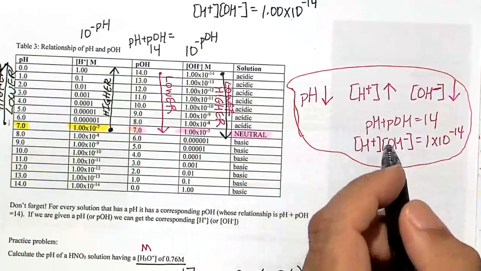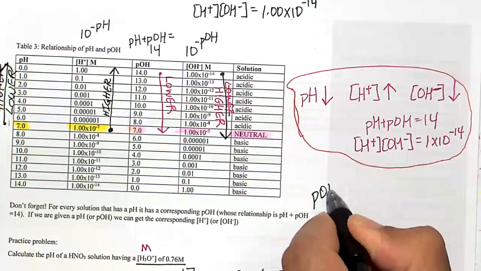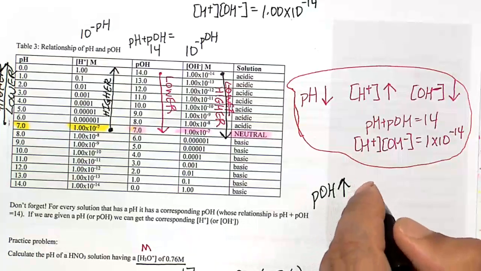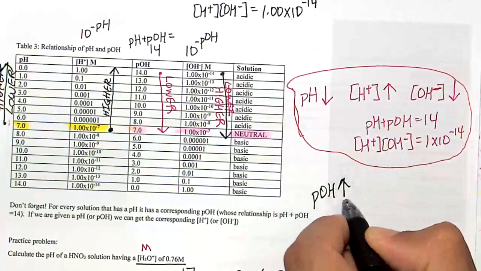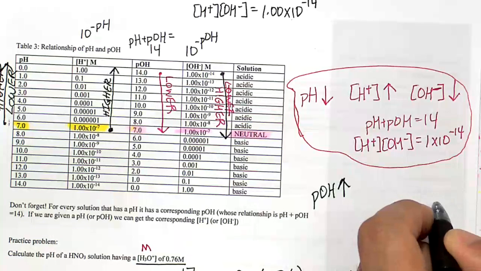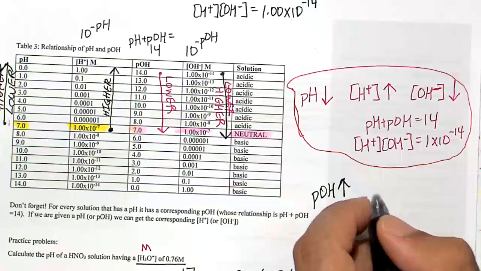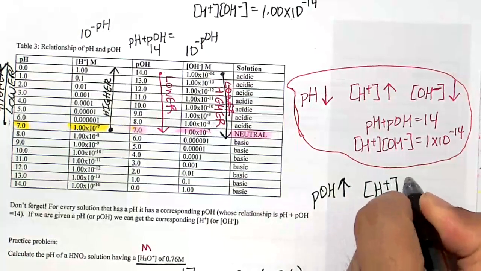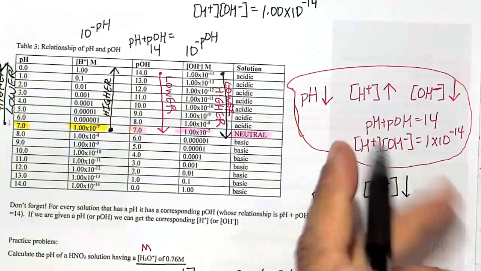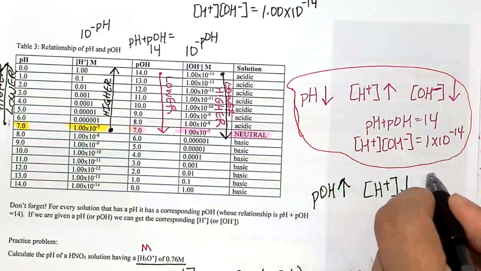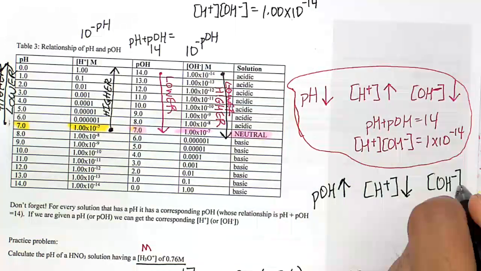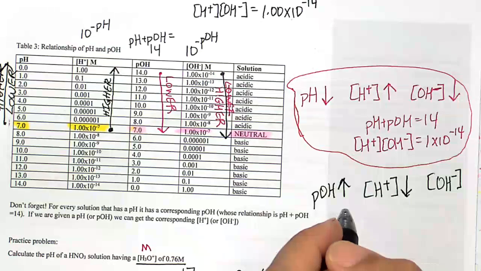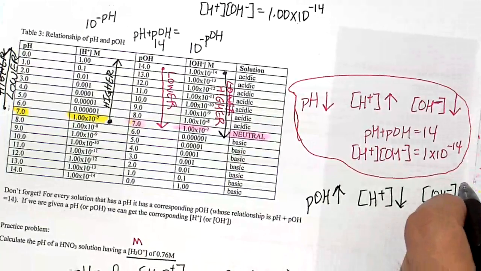Now, as your pH gets lower, your pOH is going to get higher because pH plus pOH is equal to 14. And as your pOH gets higher, what does that mean? Your H plus gets lower. And then your OH minus, as your pOH gets higher, your OH concentration also gets higher?